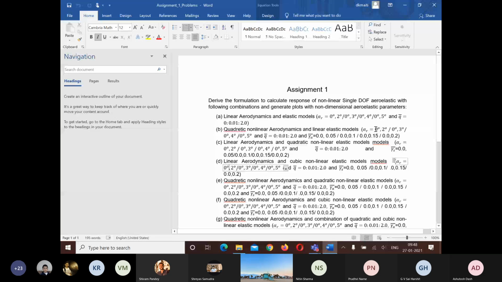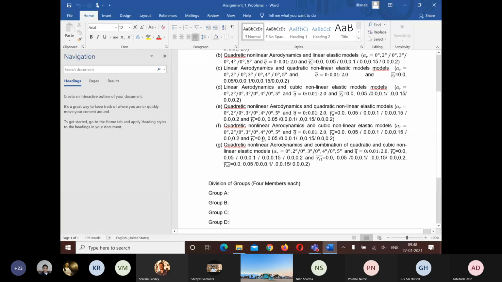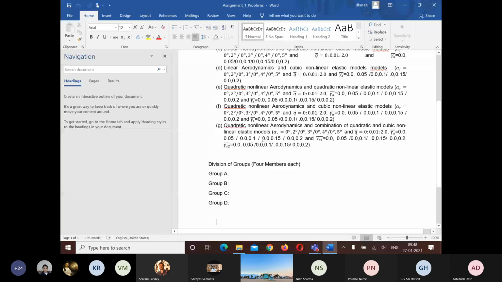I have given some data considering there will be 4 groups, but I think I have to divide into more groups because there are around 40 people, so probably 8 groups we can think of.